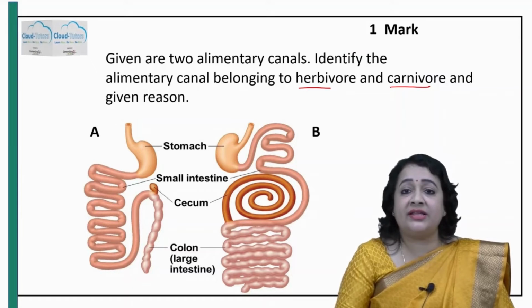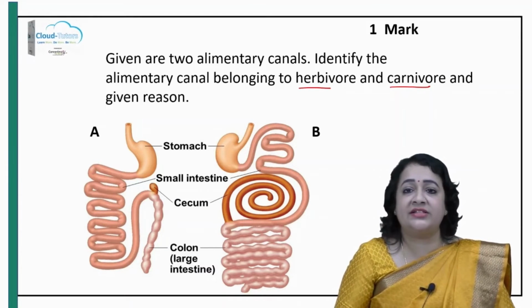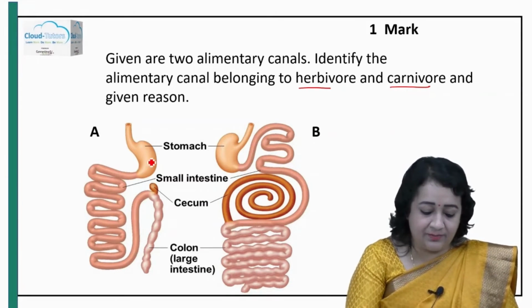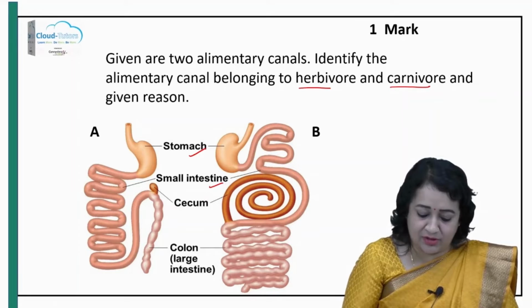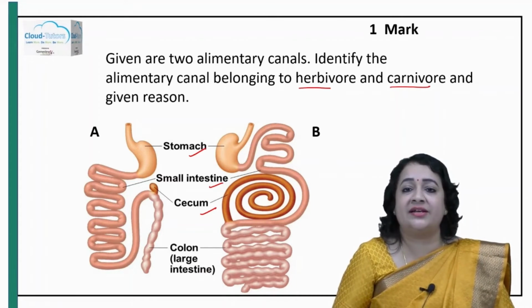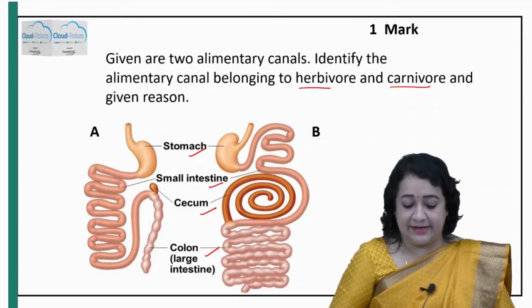We have to see where the small intestine is larger here. The length of the small intestine is larger in herbivores. If you see here, this is the stomach, then comes the small intestine, this is the cecum. Cecum is the connection between the small intestine and large intestine. And here it is the colon or the large intestine.